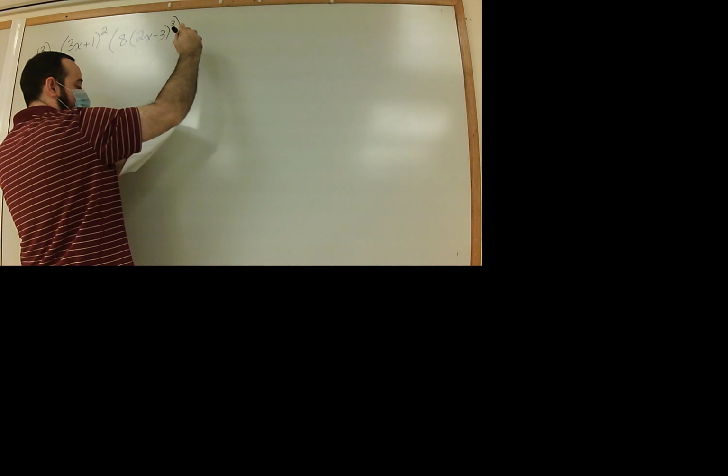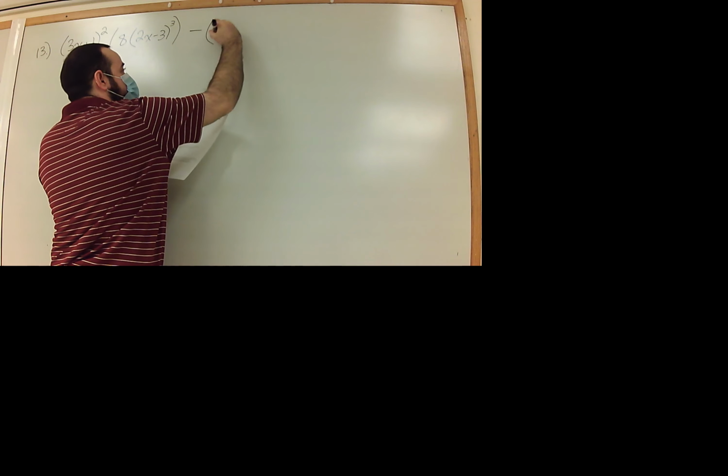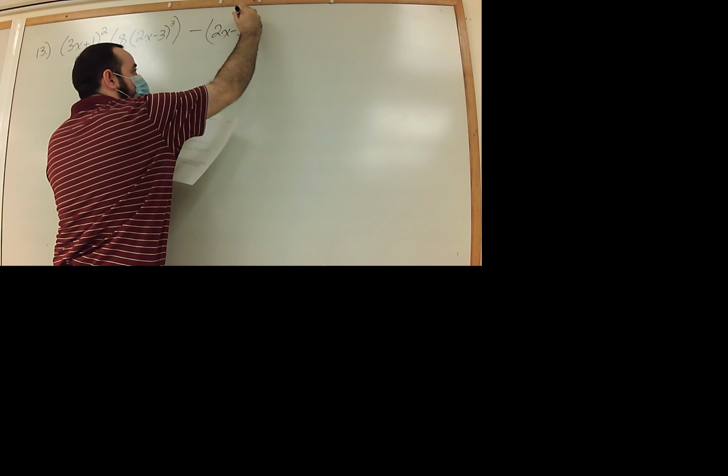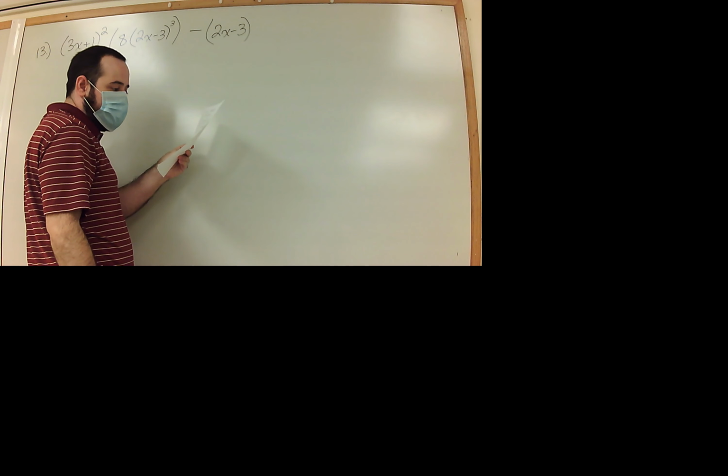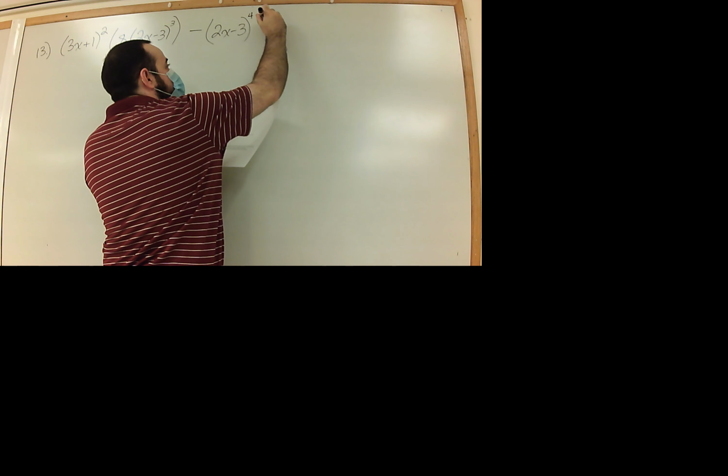We got 4 times 2x minus 3 cubed times 2, so I'm going to multiply 4 times 2 and get 8. And again, we got 2 times 3, so make that a 6.